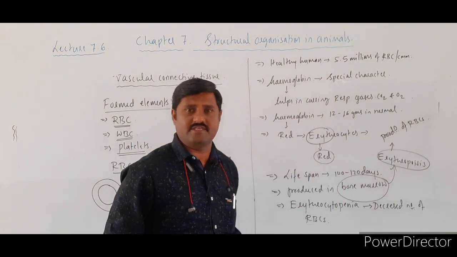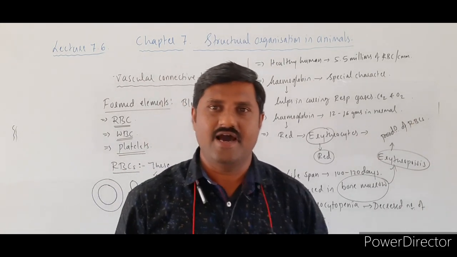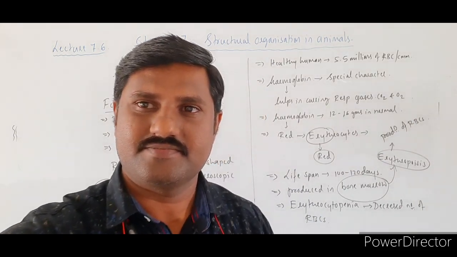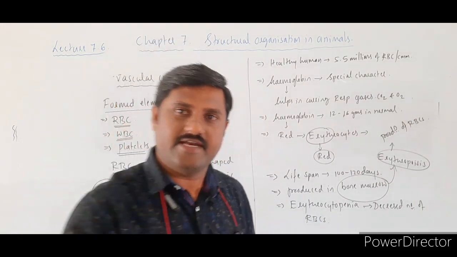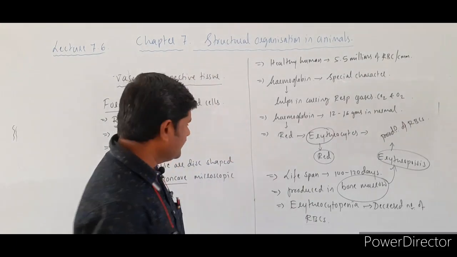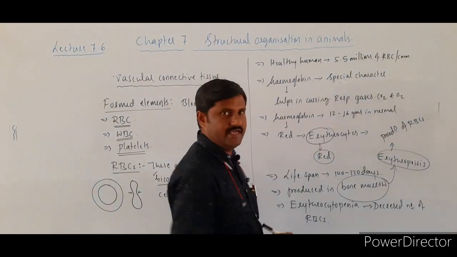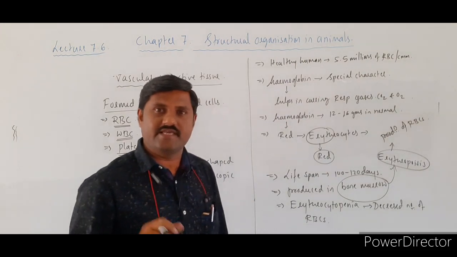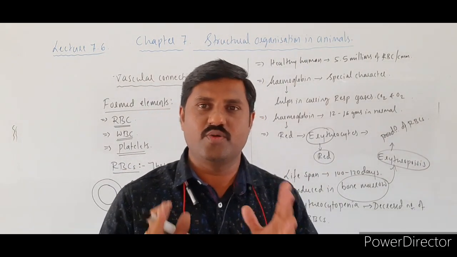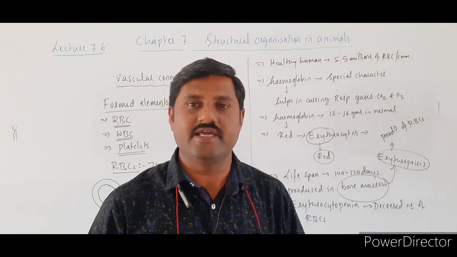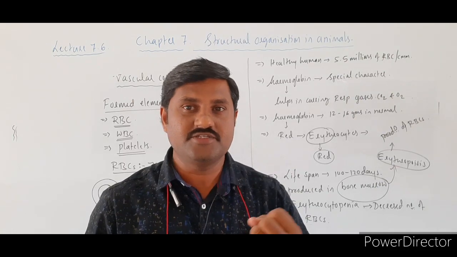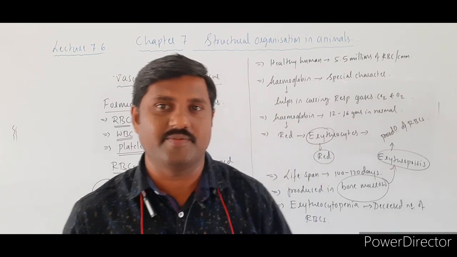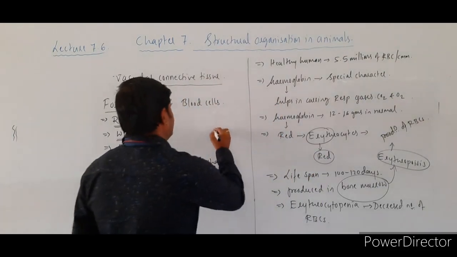There are some more things related to the RBCs. One more point is related to this RBC. What is that? Erythropoietin is the substance. Erythropoietin is produced by the kidney, and this erythropoietin stimulates the production of RBCs, right?